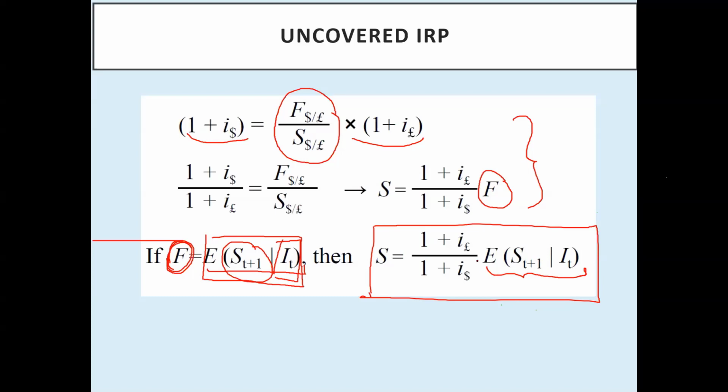So here we set the IRP with the expectation about the future. This term is not certain. In the future, the exchange rate or the value of the pounds could change, right? If we have a different expectation.